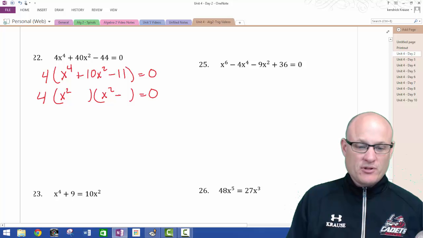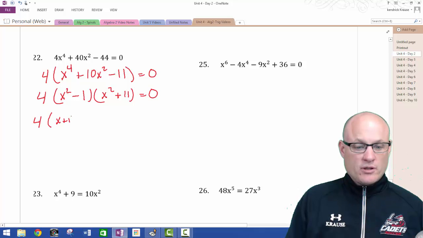Well, that's quite simple. Plus 11, minus 1. See the difference of perfect squares here, though? We're not finished. 4 times x plus 1, x minus 1, x squared plus 11 equals 0.